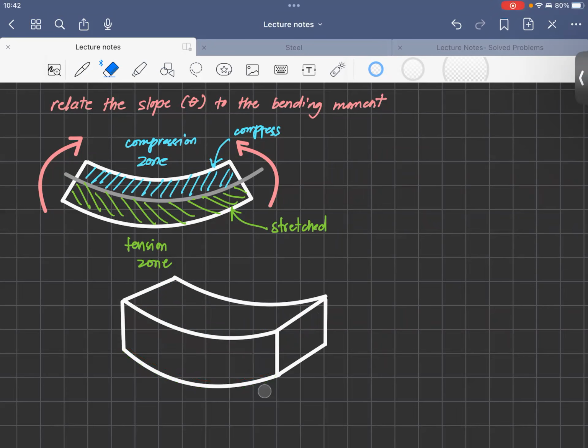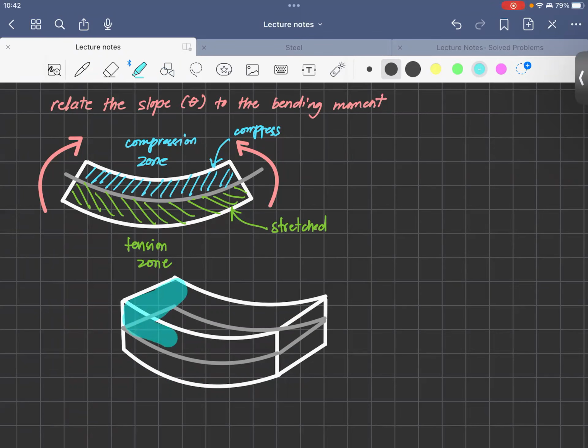Let's do this first. At the center, we have what we call the neutral surface. The top portion, the top part of the beam, is the compression zone.